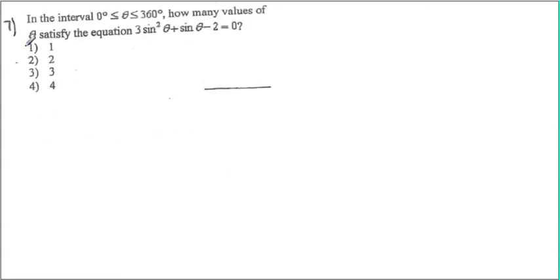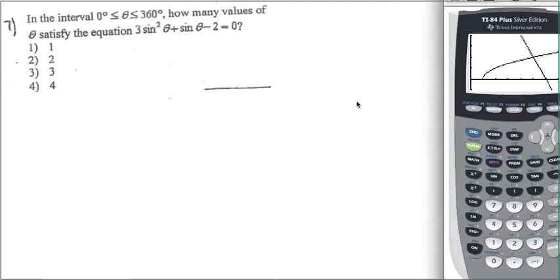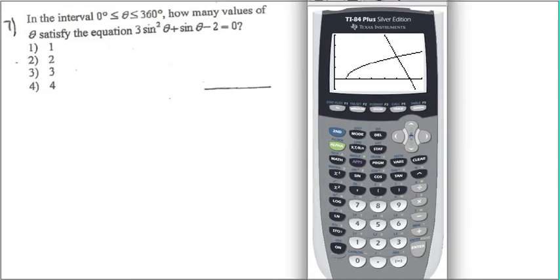Alright, number 7. Here we have the angle between 0 and 360. How many values of the angle theta satisfy this one? Since they're asking how many, the only thing we need is to graph it, then we'll be able to see it.